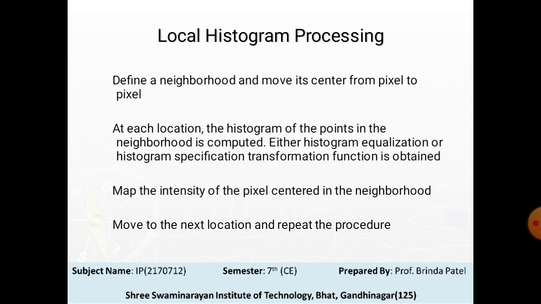Since only one new row or column of the neighborhood changes during a pixel to pixel transition of the region, updating the histogram obtained in the previous location with the new data introduced at each motion step is possible.